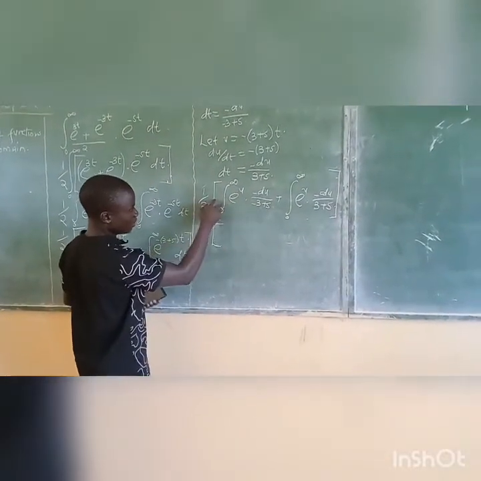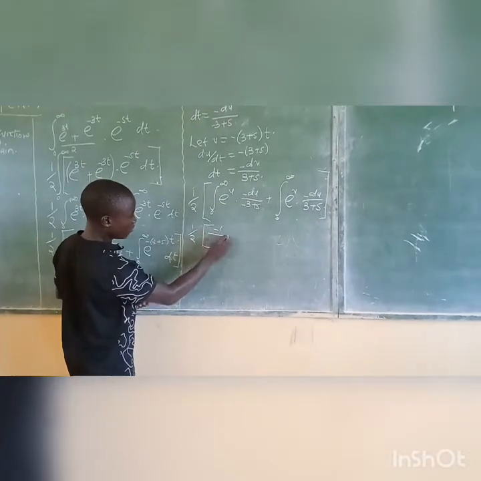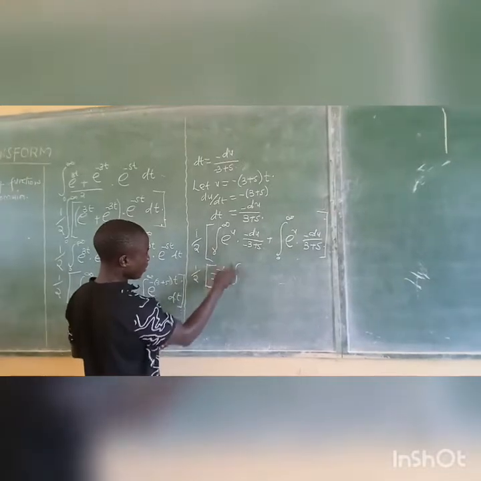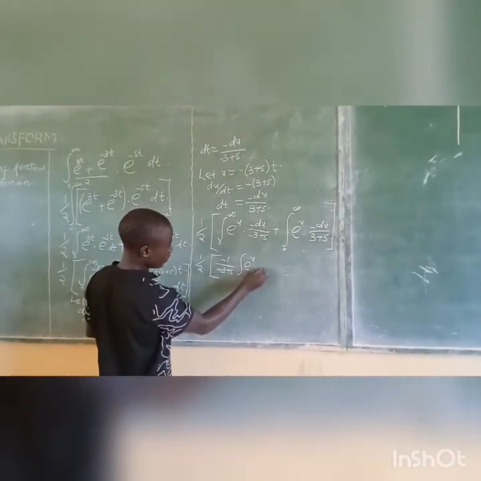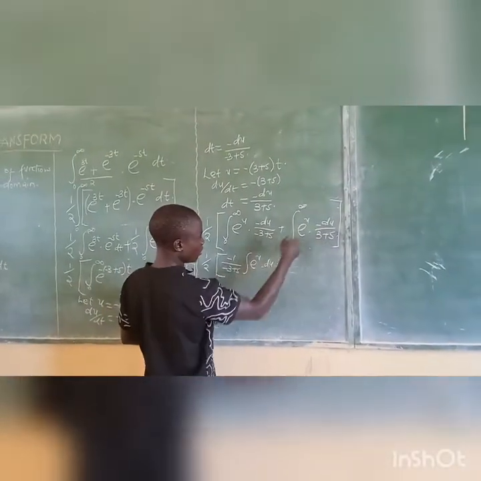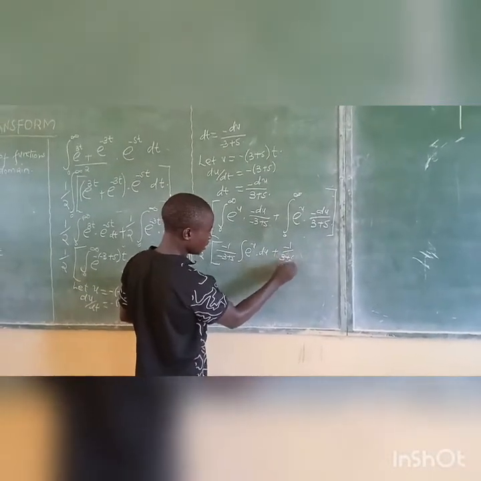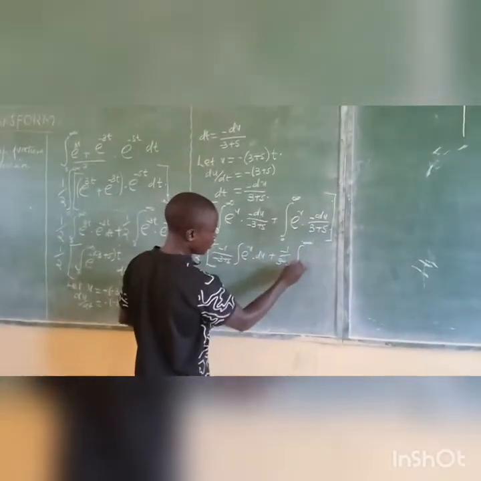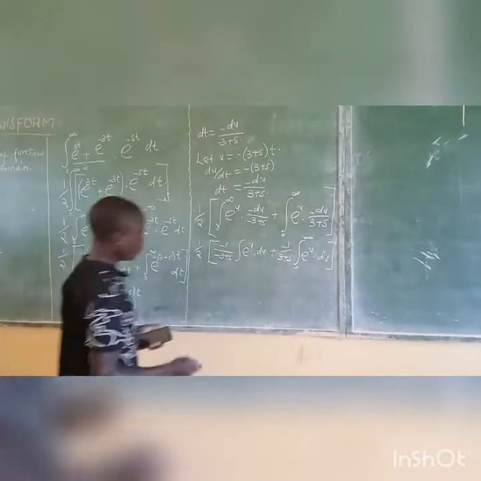This one, it will be negative 1 over negative 3 plus s by exponential u du, plus lifting this one will be negative 1 over 3 plus s, integrating from 0 to infinity exponential u with respect to u.